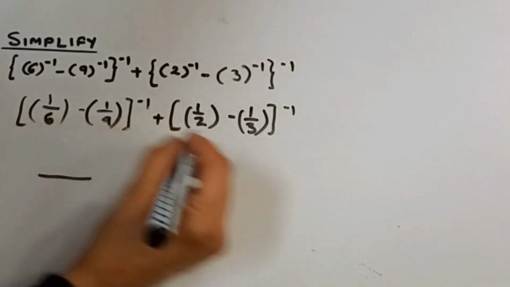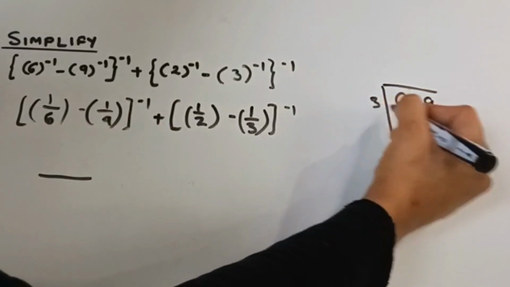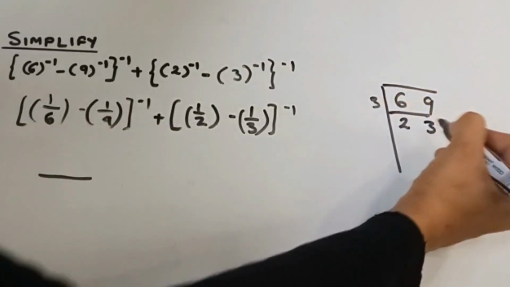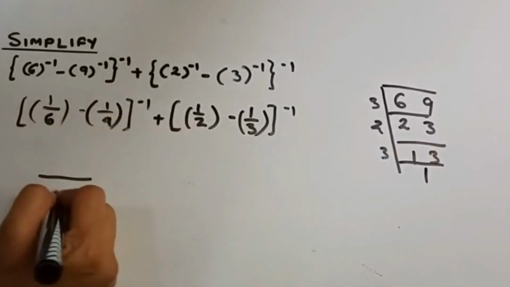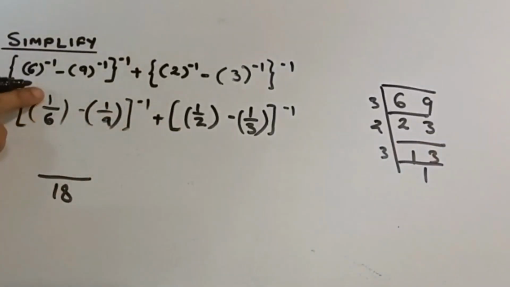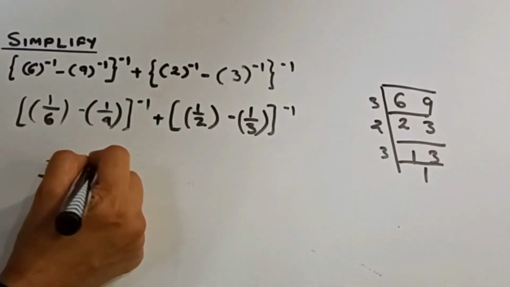So what is LCM of 6 and 9? 3 2s are 6, 9 2s are 18, so this is 18. To make it 18, we'll multiply here with 3 in the numerator and here with 2 in the numerator.